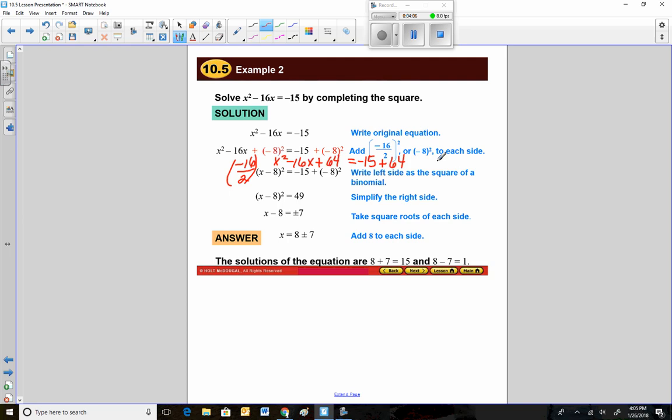So now we have x, and of course we want to use what we wrote here, which was the middle term, so it's minus 8 quantity squared equals, and then 64 and negative 15 makes 49. So that's why you're going to see this equation, x minus 8 quantity squared equals 49.